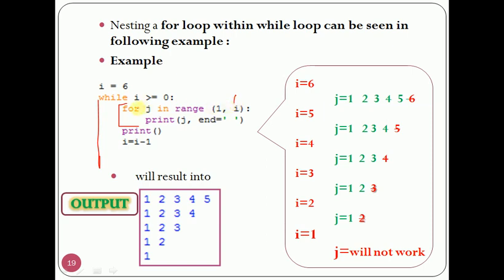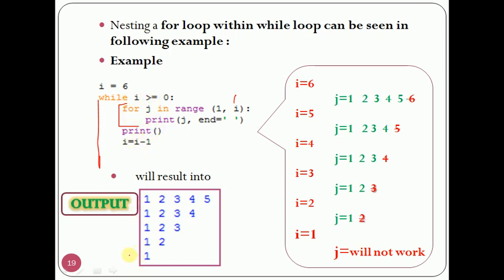The inner loop can't proceed, so it stops at this point. With I equals 1 itself, the inner loop stops executing, and then I becomes 0, and there also nothing will happen. So this is how this pattern is produced.